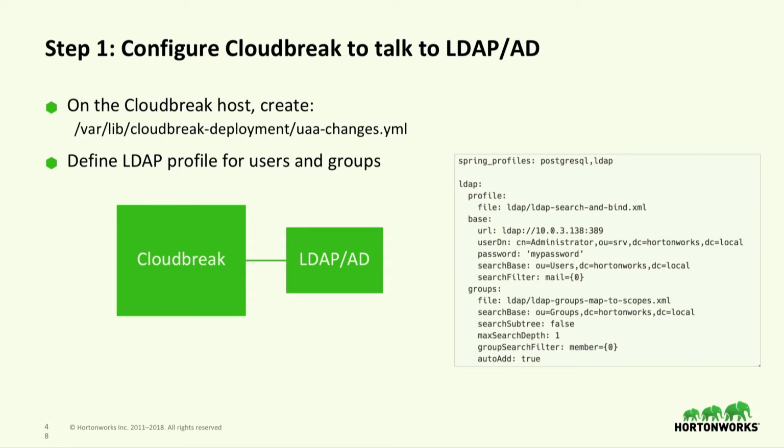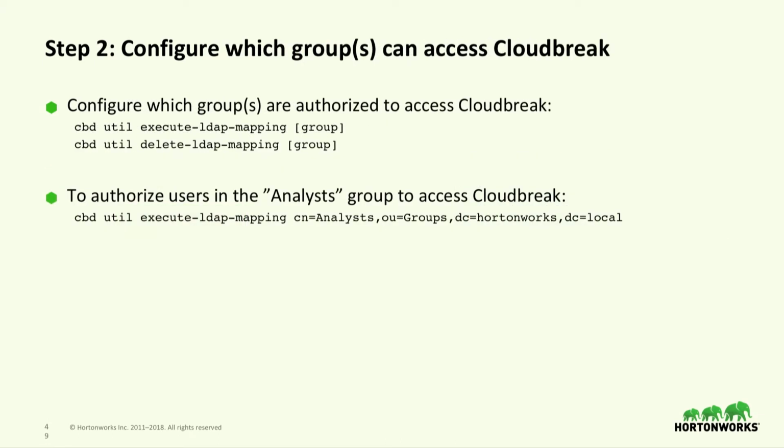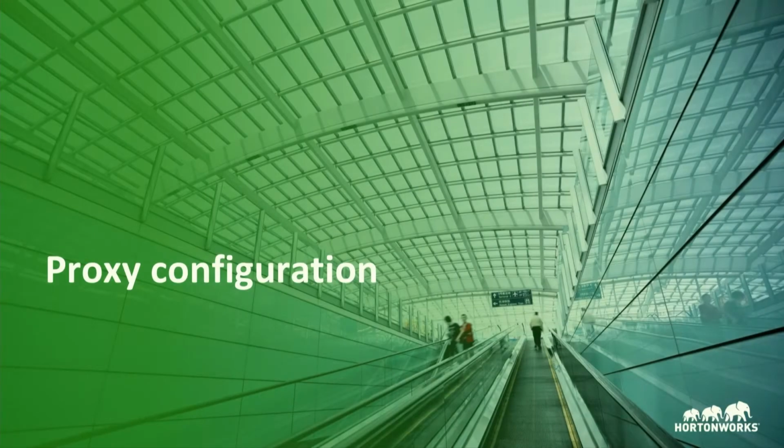And after it is set, we have a utility called CBD, and by executing these two commands, an LDAP group will be mapped into a Cloudbreak group. So you can say that I want to authorize the analysts group to access Cloudbreak, and you can do that by executing that cbd util command in the last paragraph.